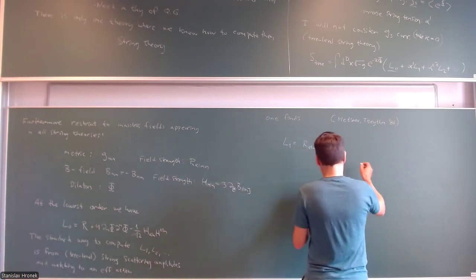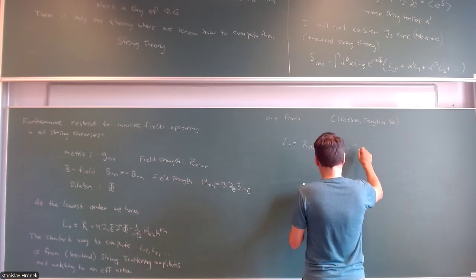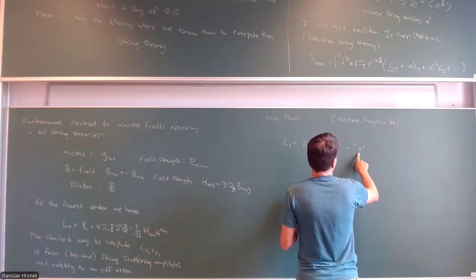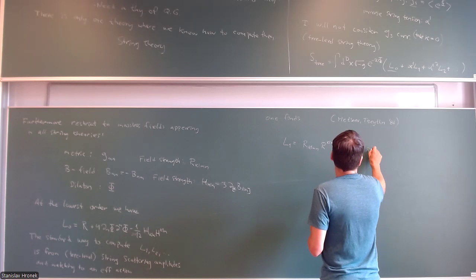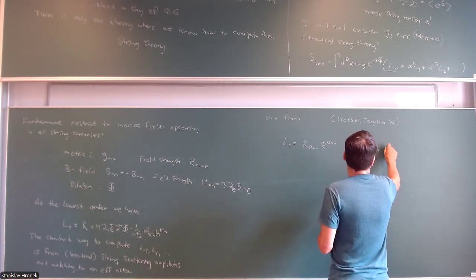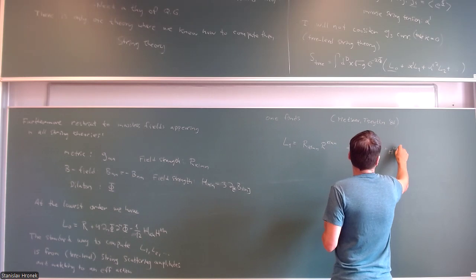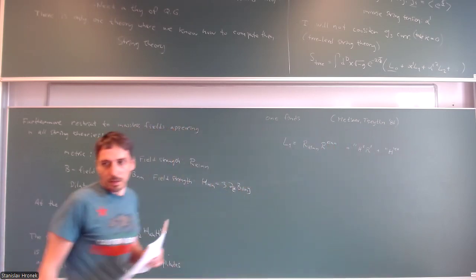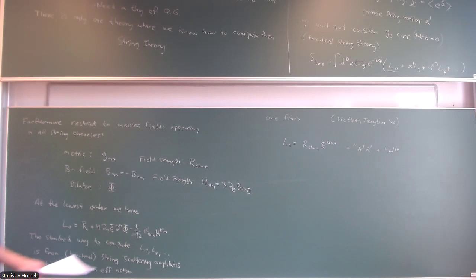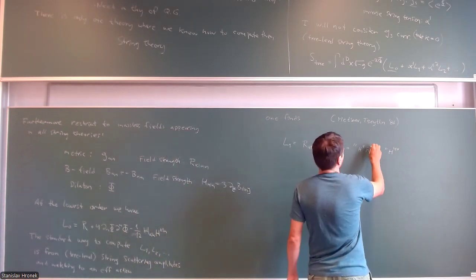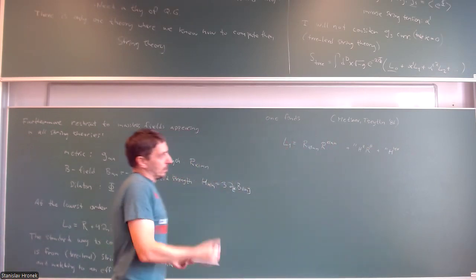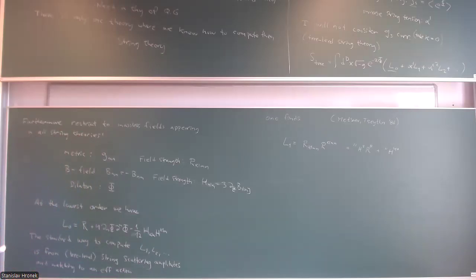And then there are some other terms which I'll, for the moment, describe schematically. They involve the square of the field strength H times the Riemann tensor, and then there's a term that involves the fourth power of H. You'll notice that there are no odd powers of the B field. That's because there's a symmetry of the bosonic string sending B to minus B. So H will only appear in even powers. So these are all the terms that are allowed and they will appear at this order.